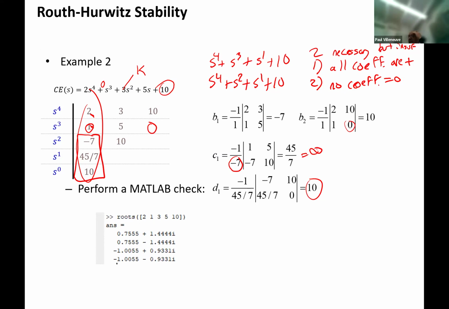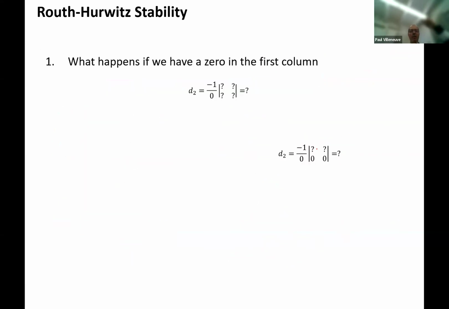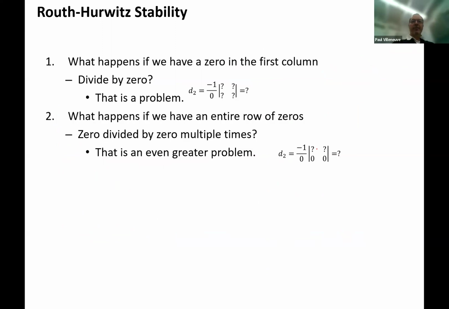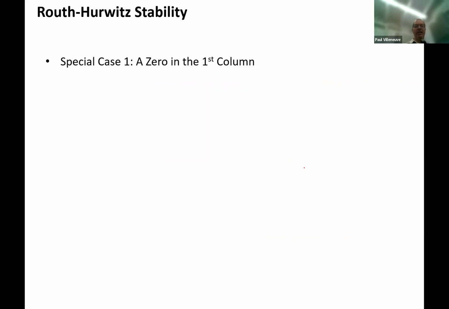Which we can't handle. We can't deal with that because if we continue to use those coefficients moving forward, we're just going to have infinities minus infinities. It's not going to work. So if you have a 0 in that first column that's beyond the first 2 rows, here's what we need to do. This is another problem when we have a row of zeros. We'll see how to deal with that later.